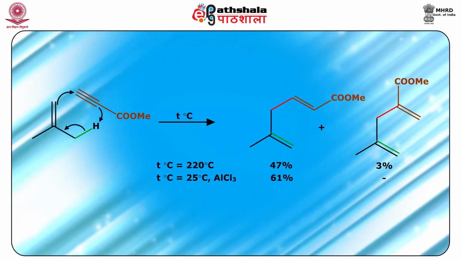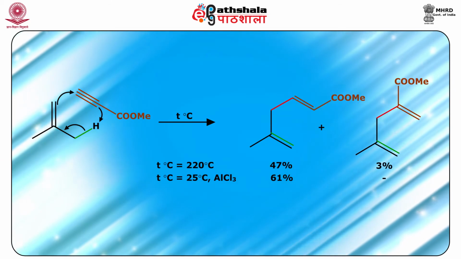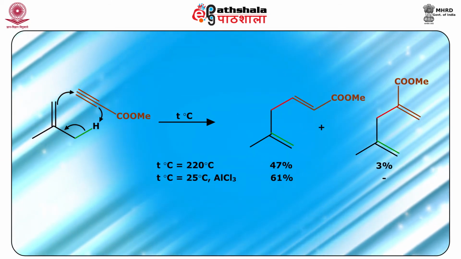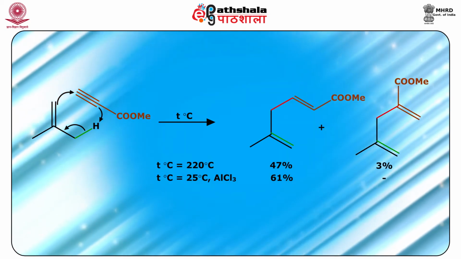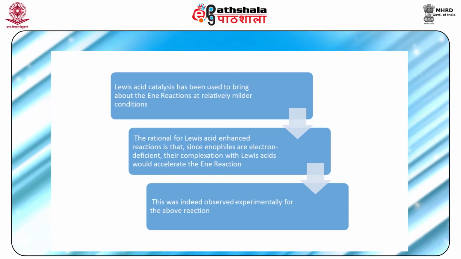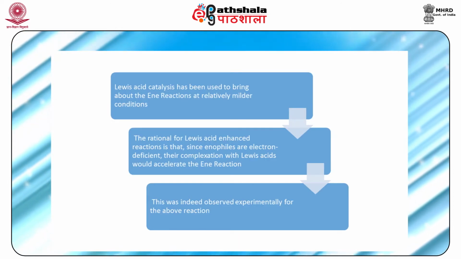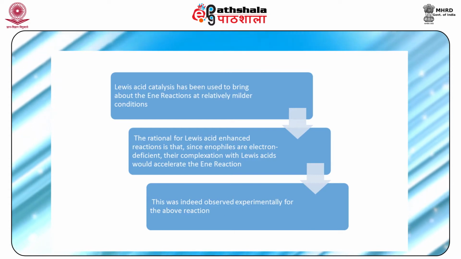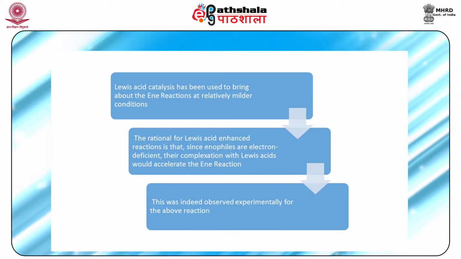The high temperature leads to several disadvantages, including the possibility of side reactions such as acid catalyzed olefin polymerization or isomerization reactions. Lewis acid catalysis has been used to bring about the ene reactions at relatively milder conditions, as you can see in the given example above.